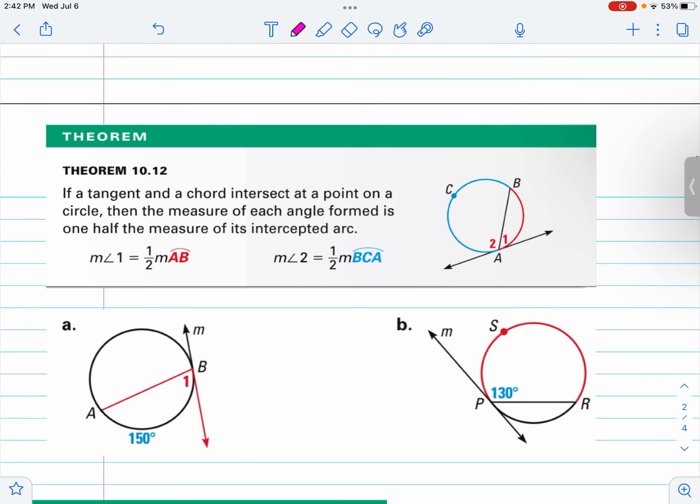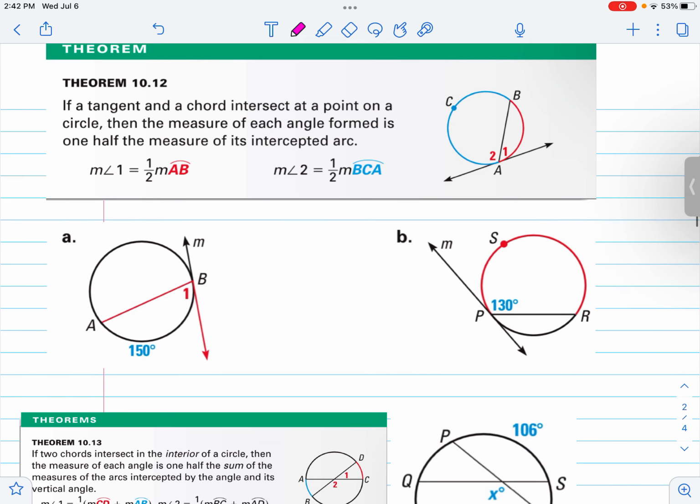Down here you get the theorems, and we can go through those, but let's just look at an example. Notice we want angle 1. The measure of angle 1 is going to be 1/2 of the 150, so it'd be 75.